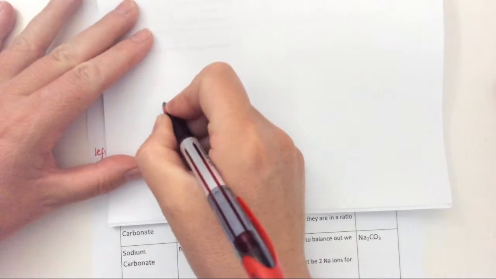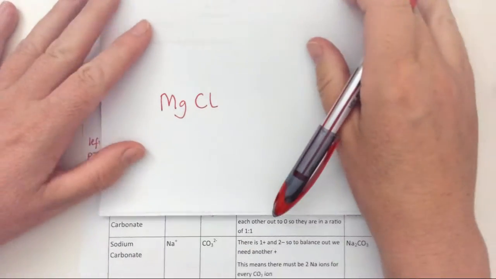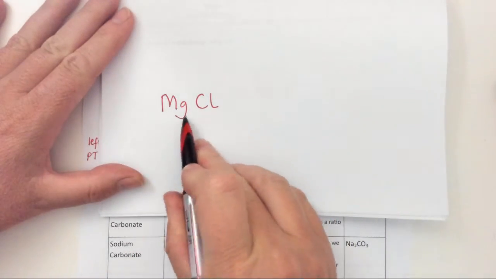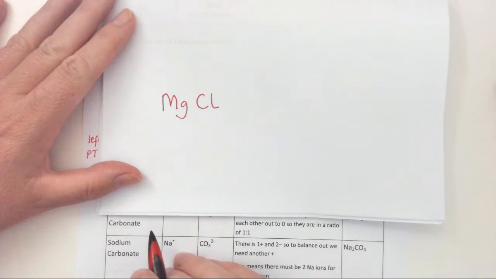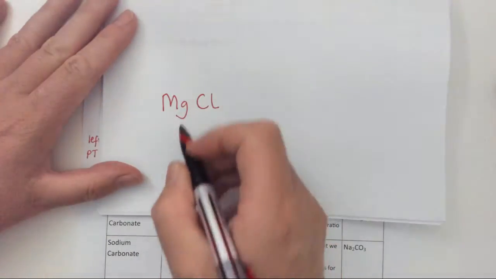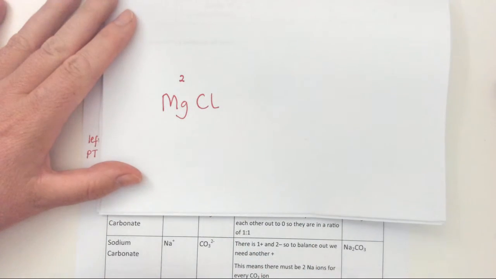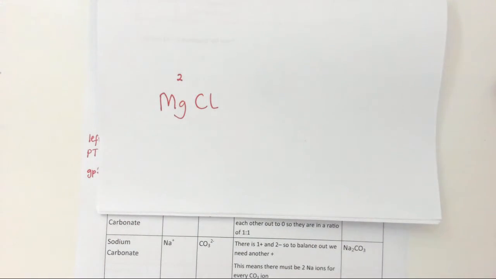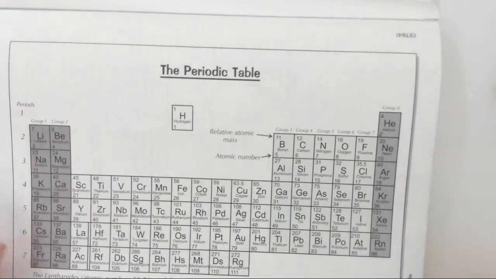if we had, say, magnesium chloride, and we want to work out what the formula of magnesium chloride is, whether it is just that or if we have to put any numbers in. Well, I look on my periodic table, I see that magnesium is in group 2. That means it's got a combining power of 2. I see that chlorine is in group 7. That means it's got a combining power of 1, and we're almost doing a count back.